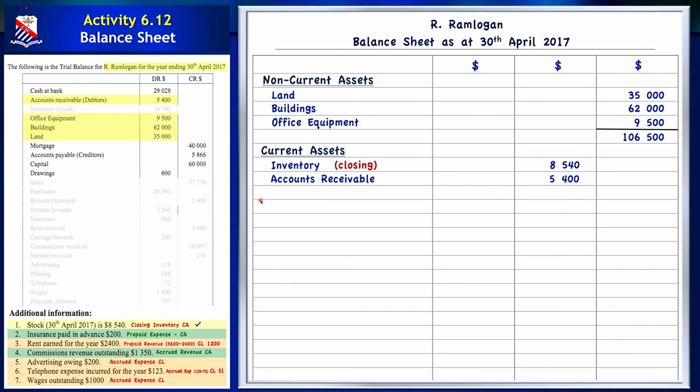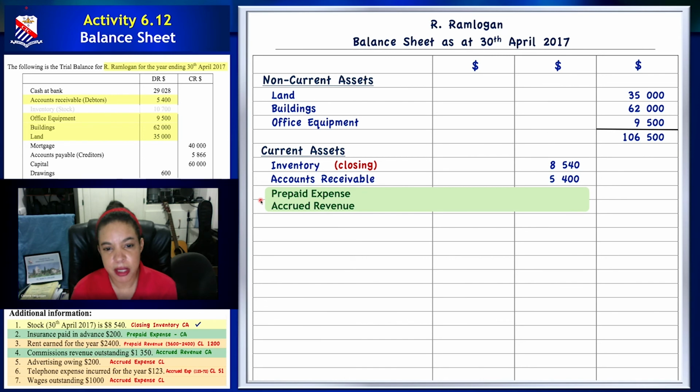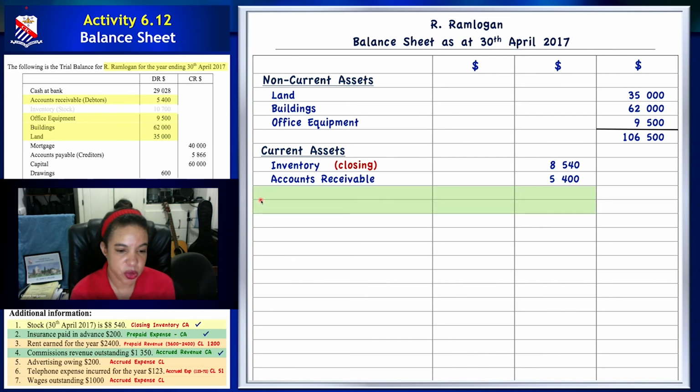Then you would have your accruals and prepayment, more specifically your prepaid expense and accrued revenue, which are your current assets. So going down in our notes, highlighted in green, you would see that we have 2. So we don't have to do it in any particular order, but we will do it in the order of the notes. So you have a prepaid expense, which would be your prepaid insurance.